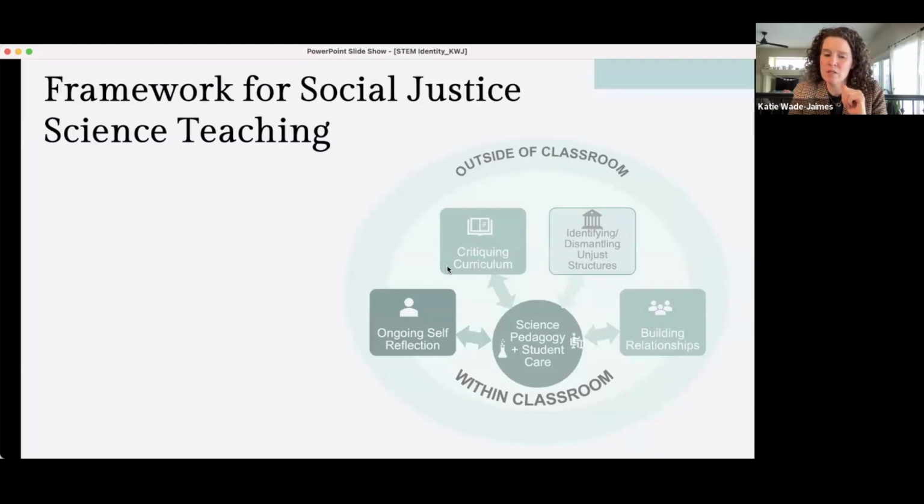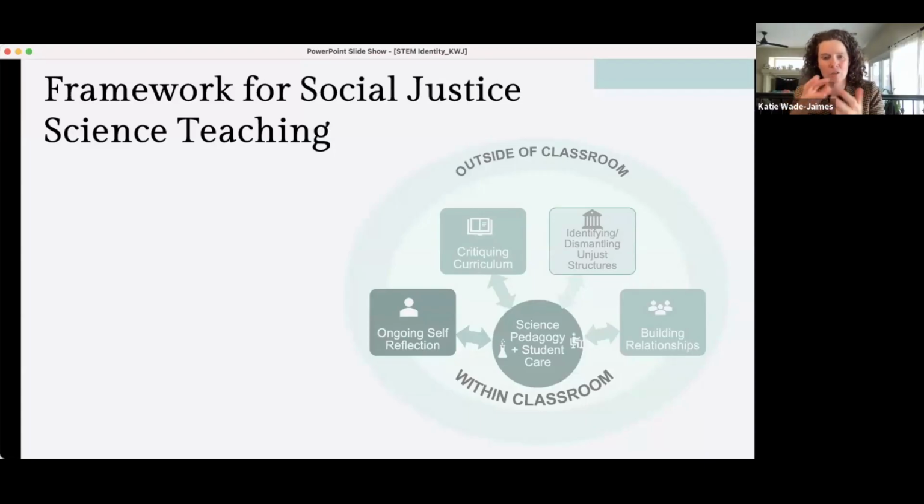And then you can see some of these things happen within the classroom and some outside of the classroom. I saw these teachers engaging in ongoing self-reflection. Who am I in relation to my students? What does that mean for how I'm teaching? I saw them really critiquing curriculum. A lot of these teachers were given a scripted curriculum or specific pieces they had to use.